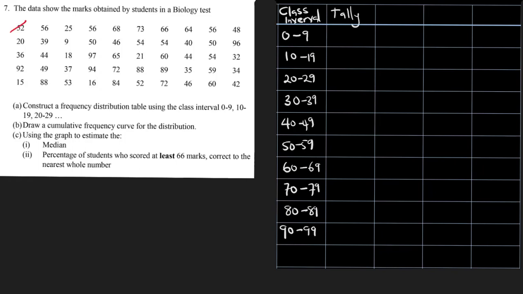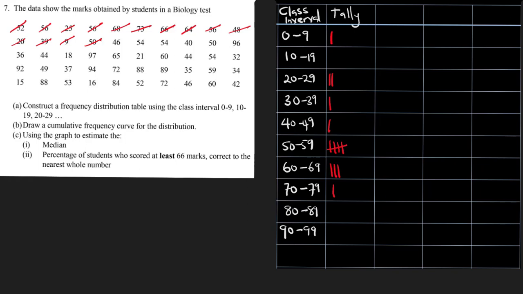We say 52, cancel it. 52 will be under here, that's 1. Then we have 56, 56 will still be here. 25. 56 here. 68. 73. 66. 64. 56. 48. 20. 39. 9. 50.